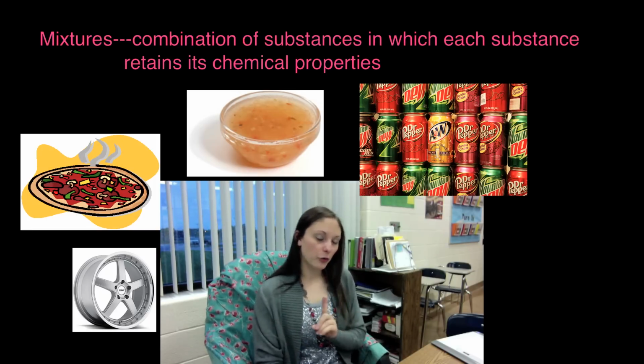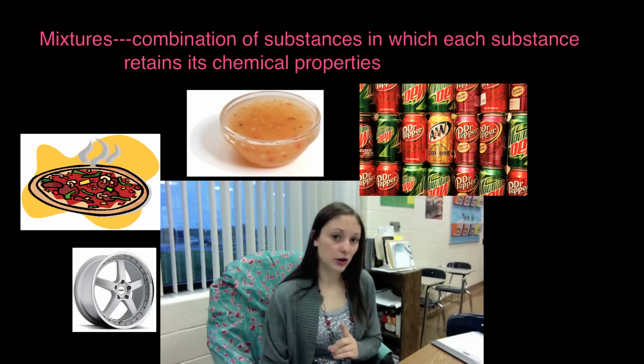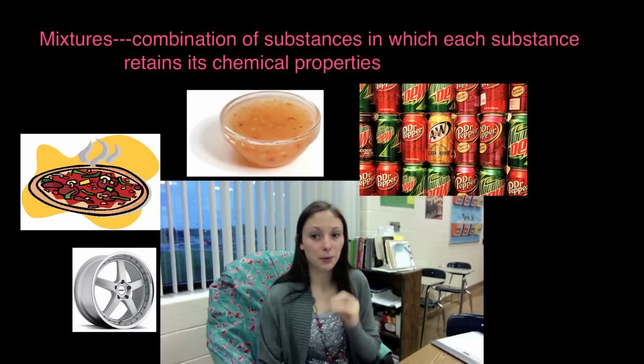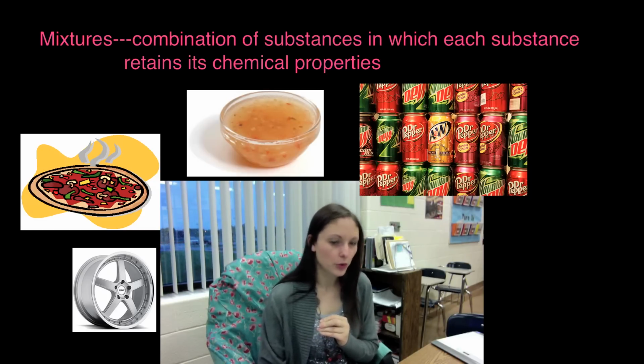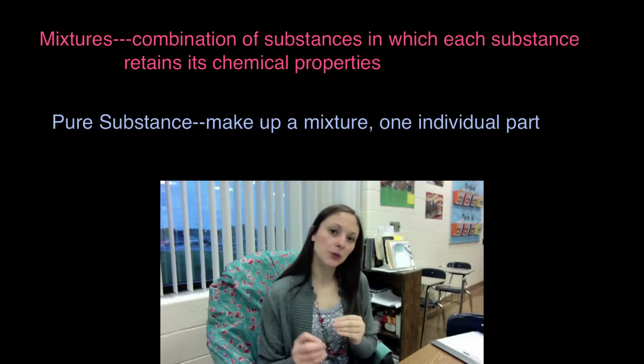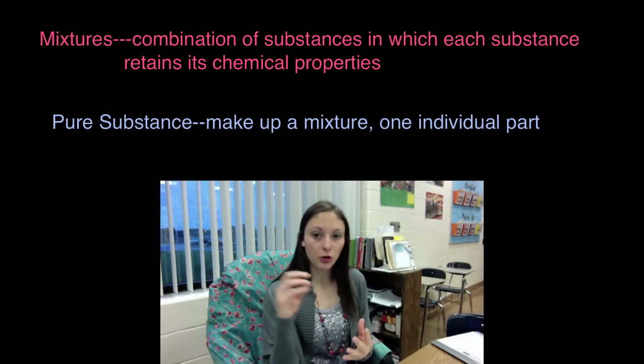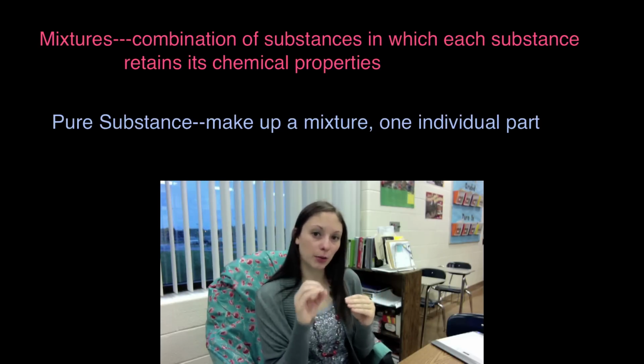But what you have to be careful about is the question there, number 2 on your worksheet. What is the difference between a mixture and a substance? And that should actually say pure substance. Okay? Well, the pure substances are the things that make up the mixture. So they're all the little individual parts that retain their own chemical properties.